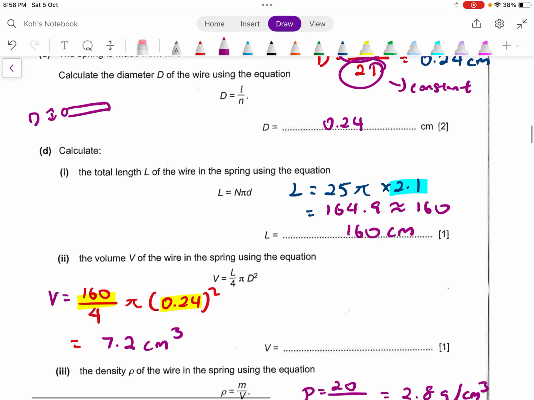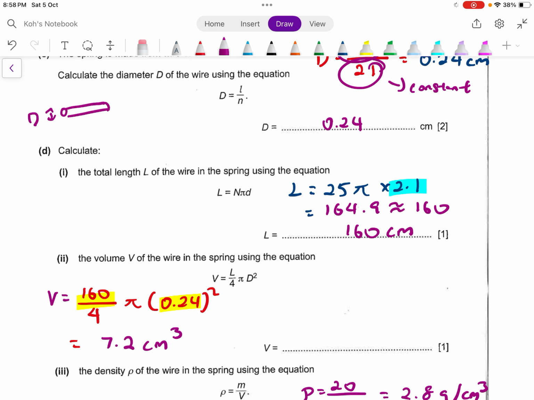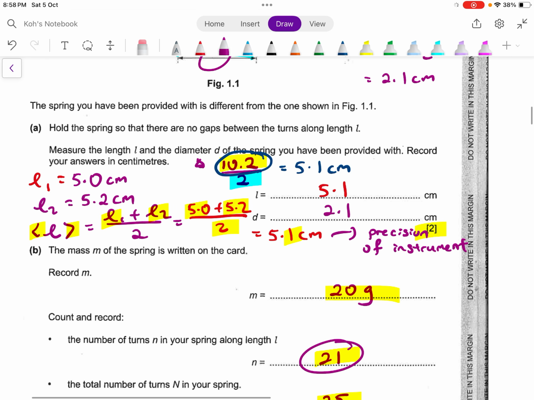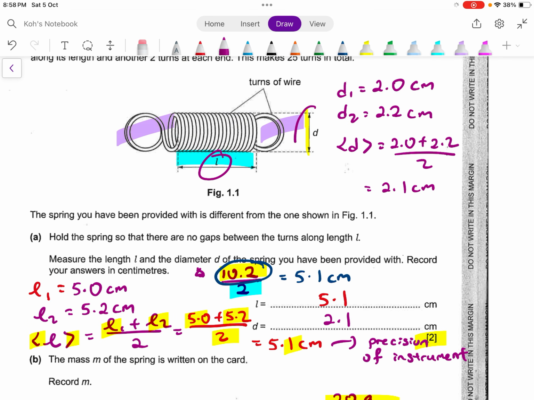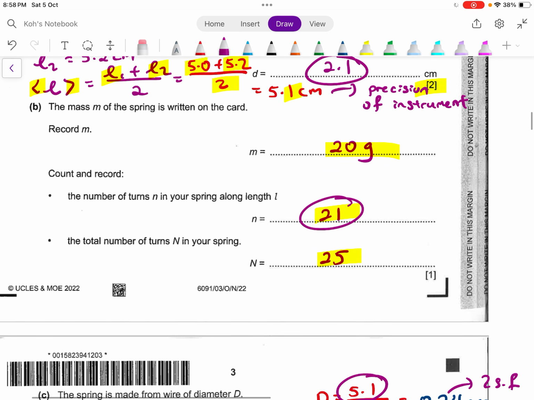For part D, we are asked to determine the total length of the wire. Meaning, if I unstretch all the wires, what is the total length? The formula is given as such: big N, which is 25, times pi times small d. Small d, if you remember, is the diameter of this, this part, which is just 2.1 centimeter.